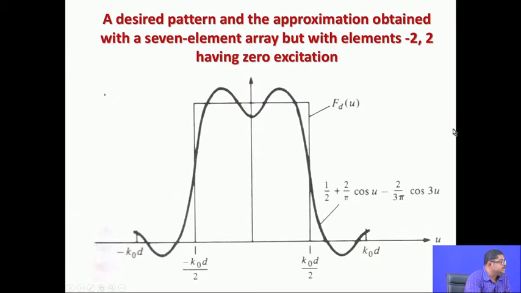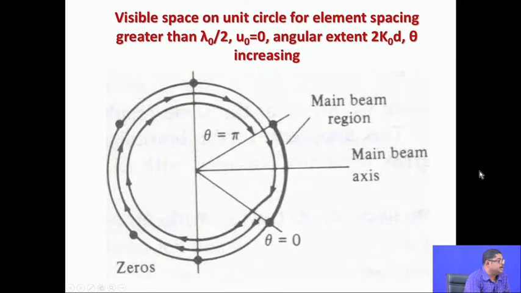Now, if I have a unit circle, you see a designer's choice. In this case, the element spacing d is greater than lambda naught by 2.